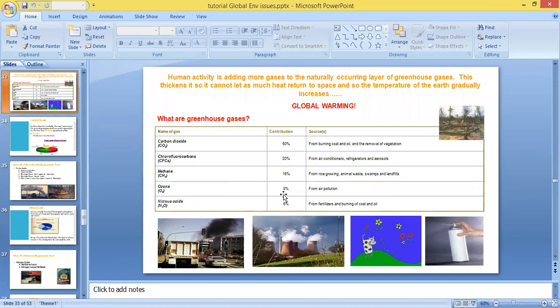Ozone, that is O3, is around 8%, which is coming from air pollution. And nitrous oxide is 6%, coming from fertilizers and the burning of coal and oil. So these are the main contributors of the greenhouse gases, also in the form of proportions.